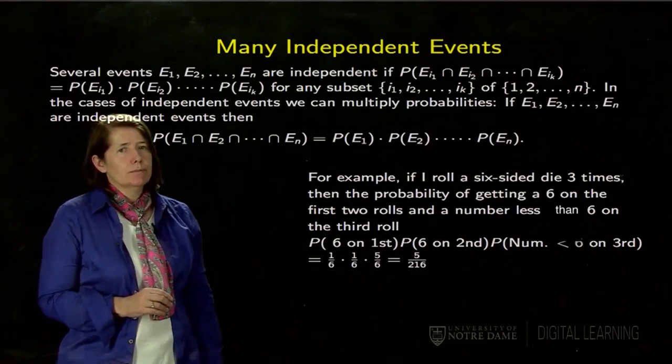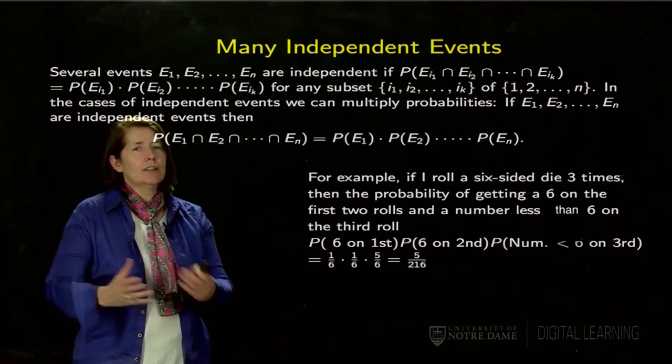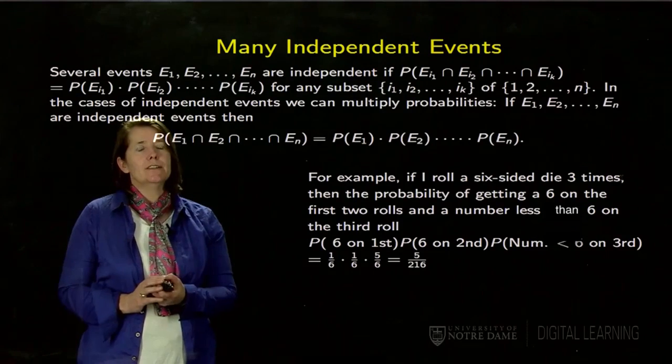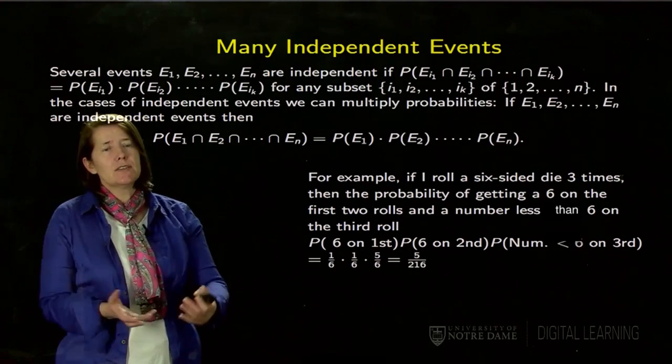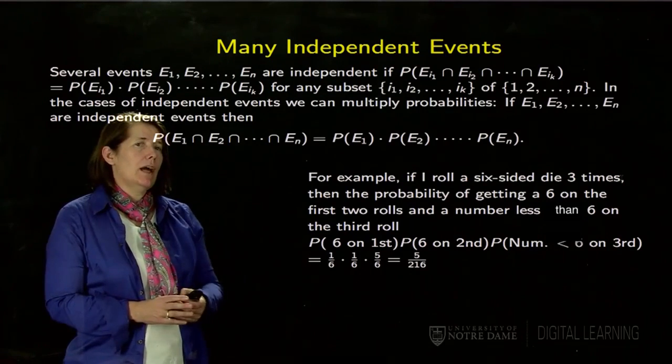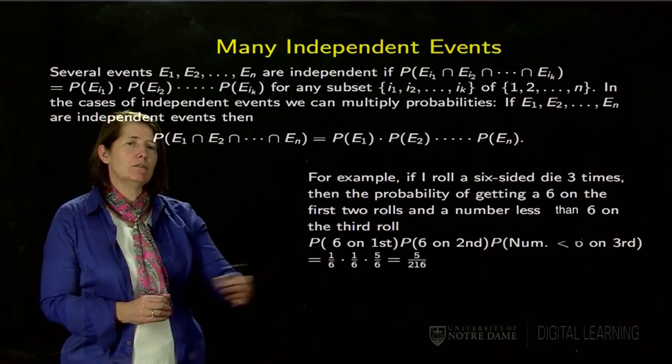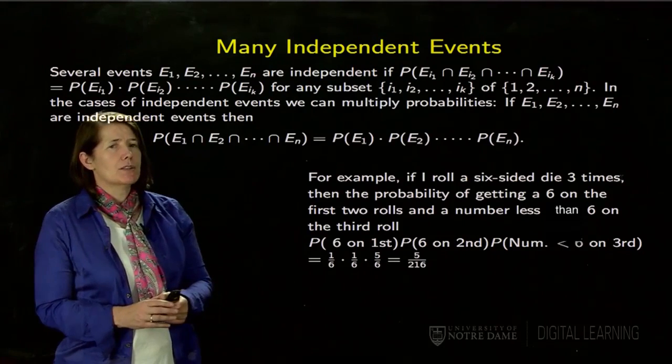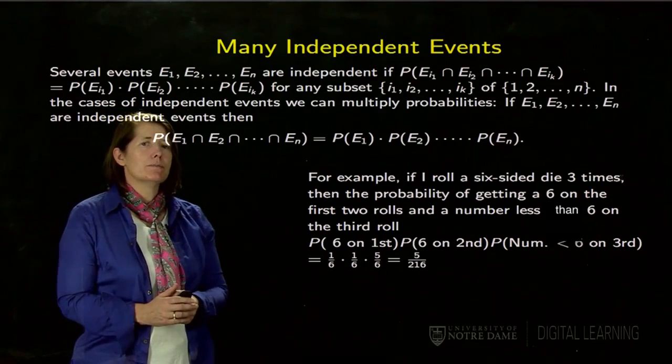For example, and here I'm going to assume independence. I'm rolling a 6-sided die 3 times, so I wouldn't expect what happens on the third roll to be influenced in any way by what has happened on the previous 2 rolls.